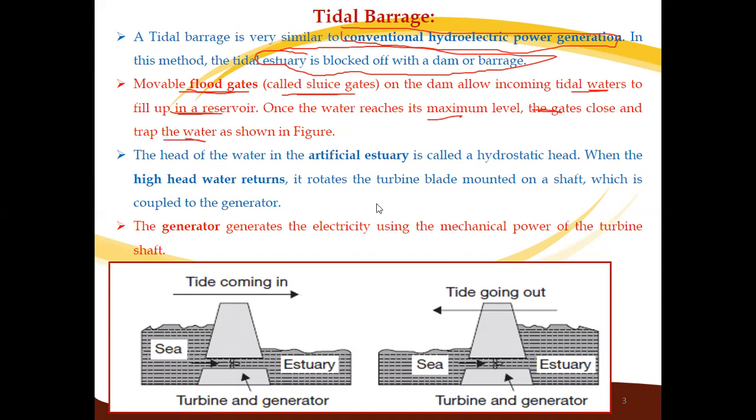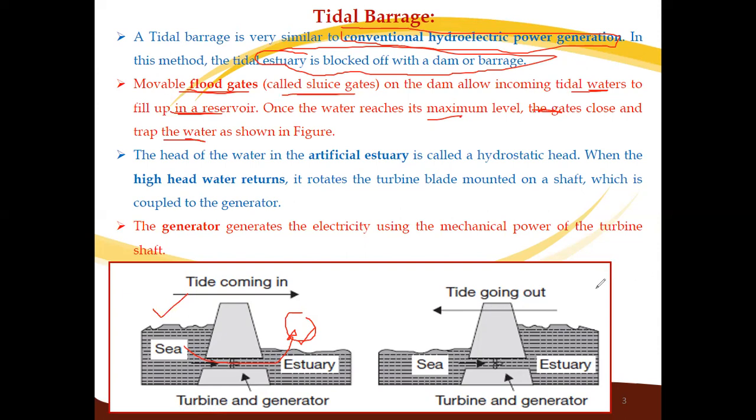In the figure, there is the sea, then the estuary, turbine and generator, and there are two ways. The first is the tide coming in. Water from the sea passes through this small dam-like structure, where we have a sluice gate.